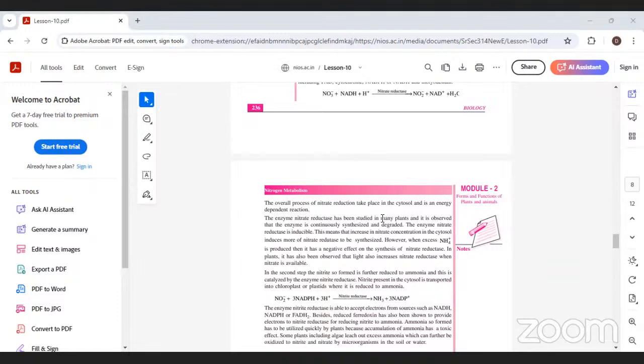The overall process of nitrate reduction takes place in the cytosol and is an energy-dependent reaction.